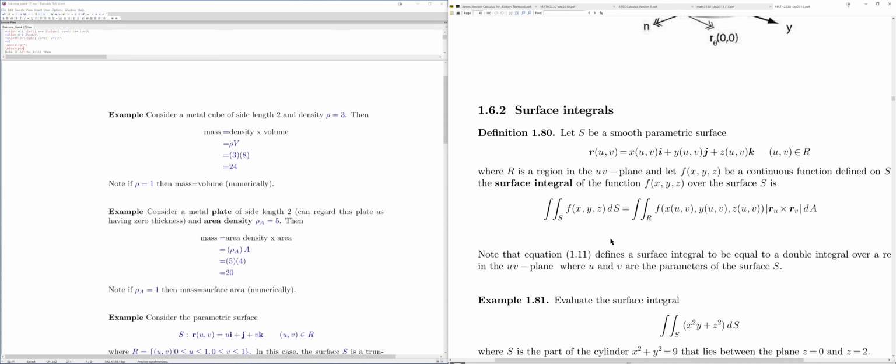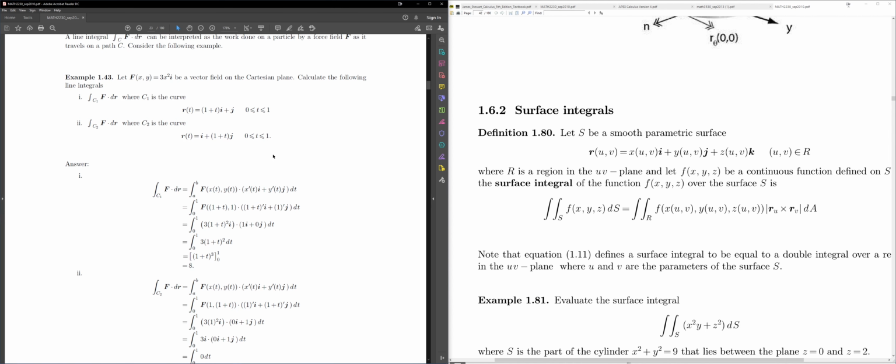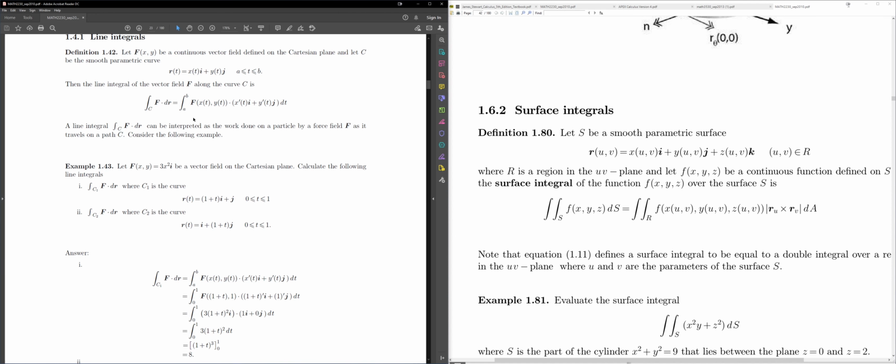So how are we going to define our surface integral? Well, this is the definition here. Notice you're going to use the information from the parametric surface to actually calculate your surface integral. Your method for evaluating your surface integral should really remind you of the definition of a line integral, how you calculate a line integral.